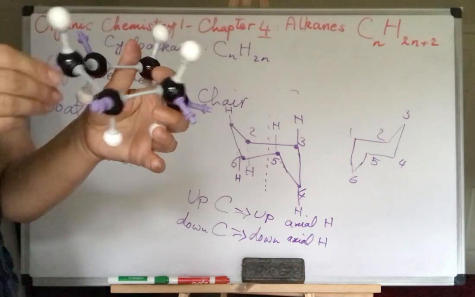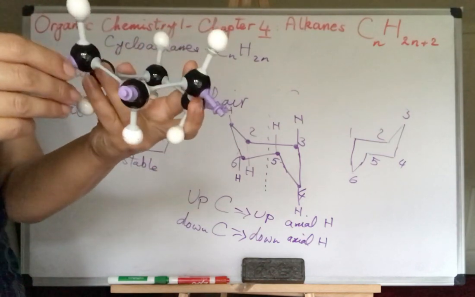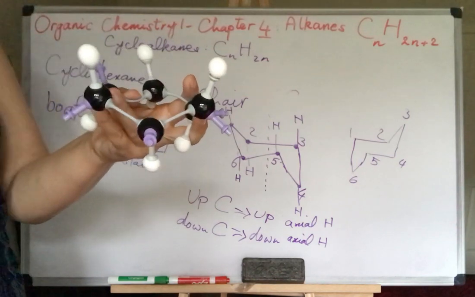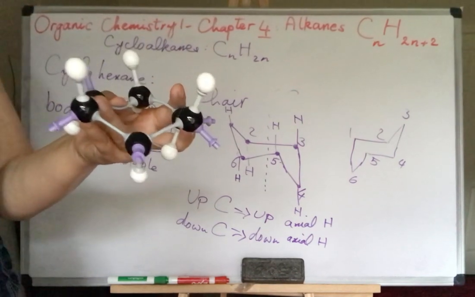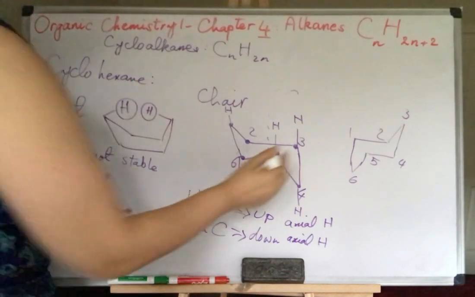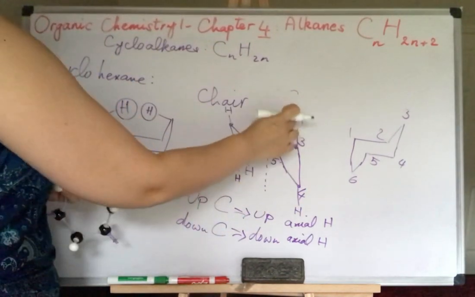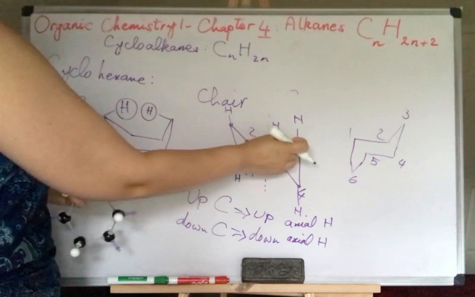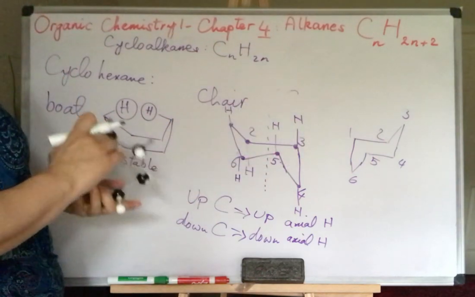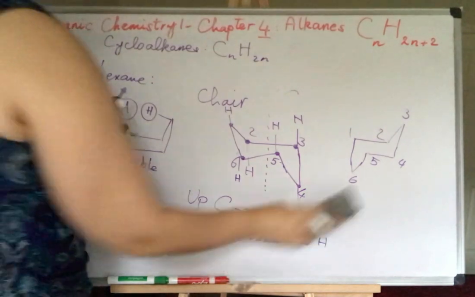And the purple bonds, they look like a belt around the molecule, right? So they are called equatorial hydrogens. Equatorial hydrogens. So on each carbon, you're missing one bond, right? So you need to have equatorial hydrogens.